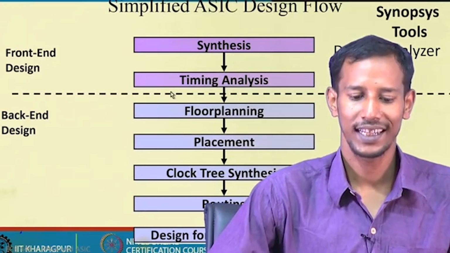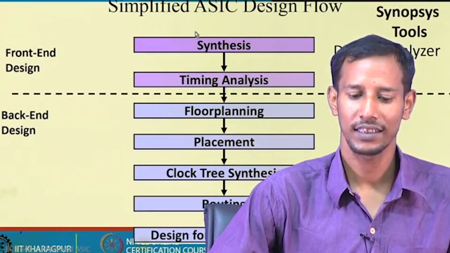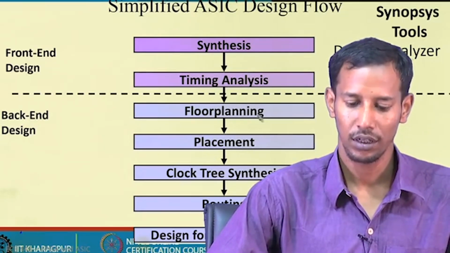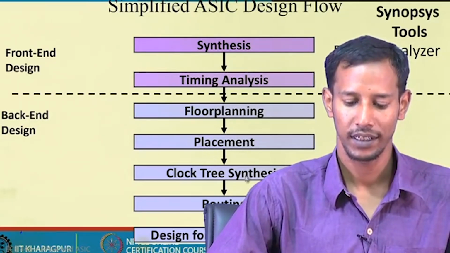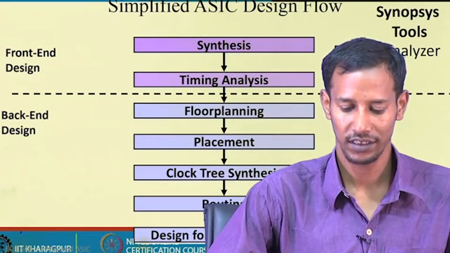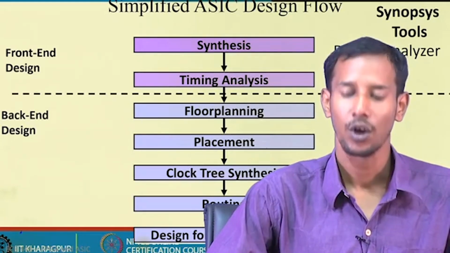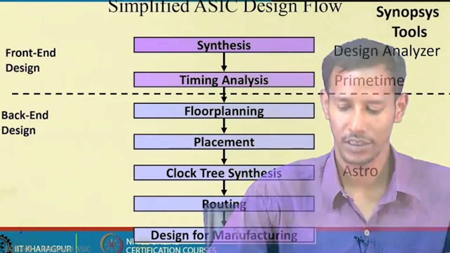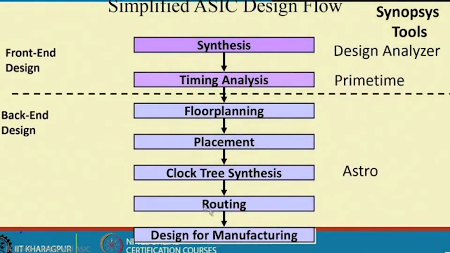So, this is the ASIC design flow. In the ASIC design flow, there is floor planning, placement, then clock tree synthesis, routing, and then you send it to the fabrication lab. This back end part changes from the FPGA design flow.